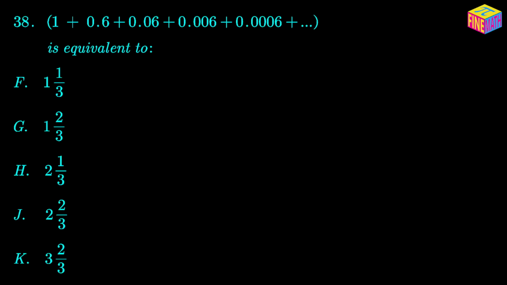So let's try to do the sum. In this series, if we add the first two terms, which is 1 plus 0.6, that will give us 1.6. And then with 1.6, if we add another 0.06, we are going to get 1.66.